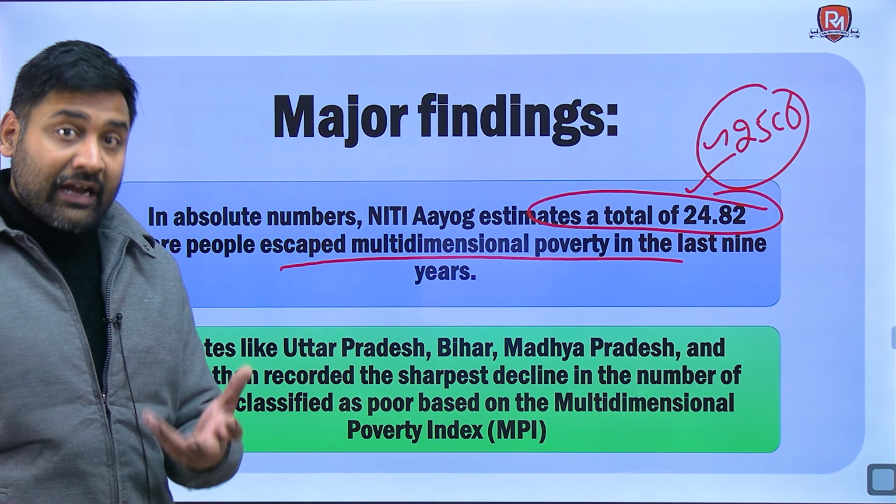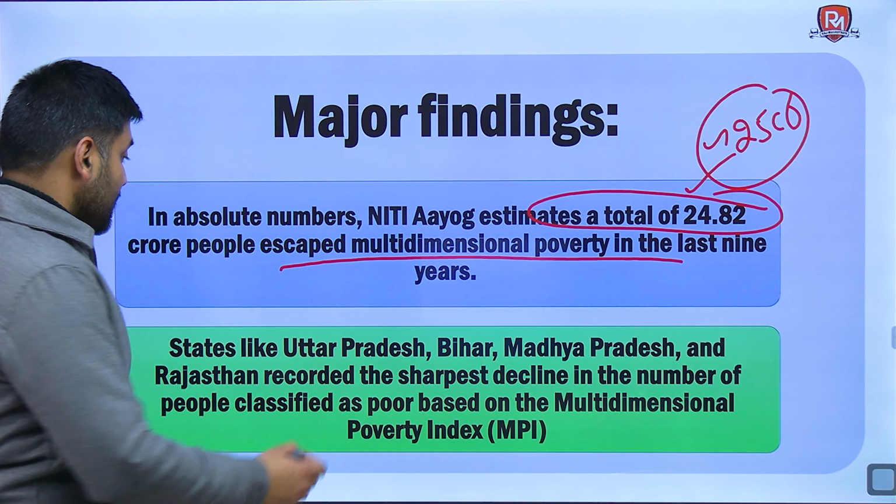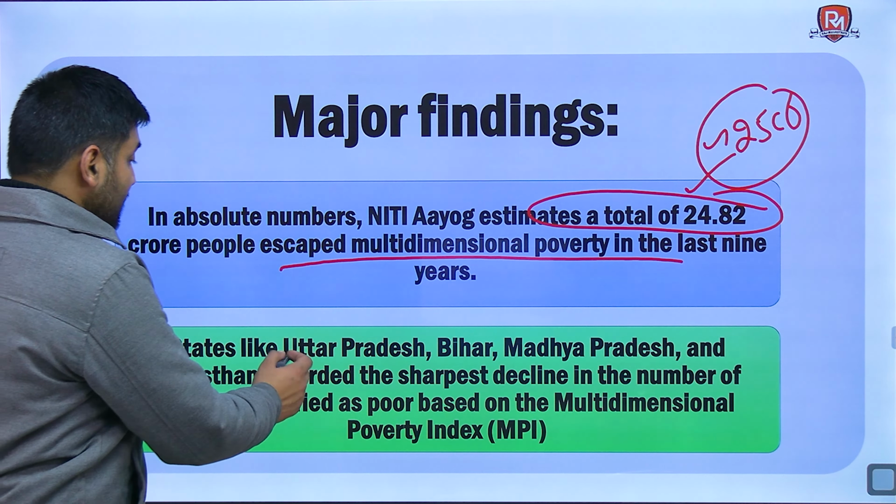And among the states, Uttar Pradesh, Bihar, Madhya Pradesh, Rajasthan and Jharkhand, the overall multidimensional poverty has reduced in these states as compared to other states. The speed by which it has reduced in these states is comparatively higher as compared to other states.